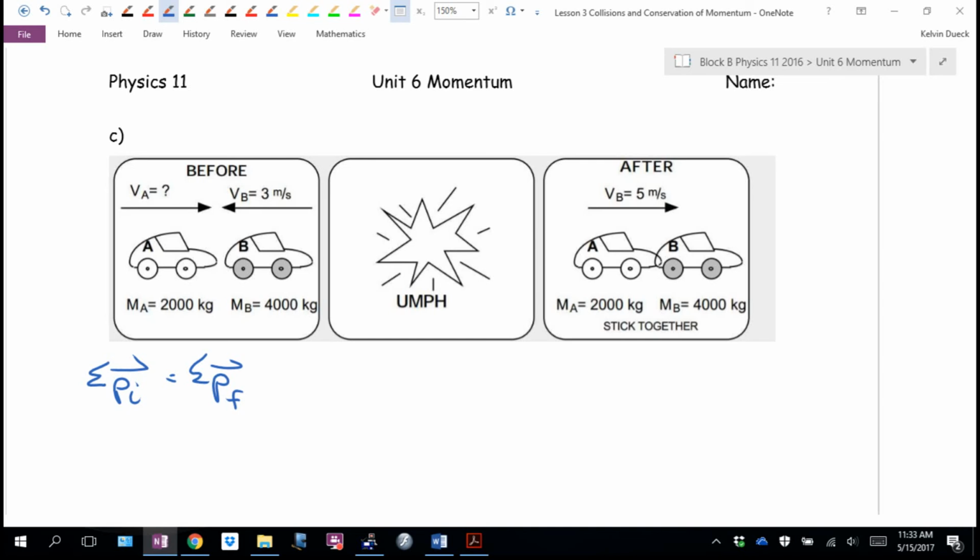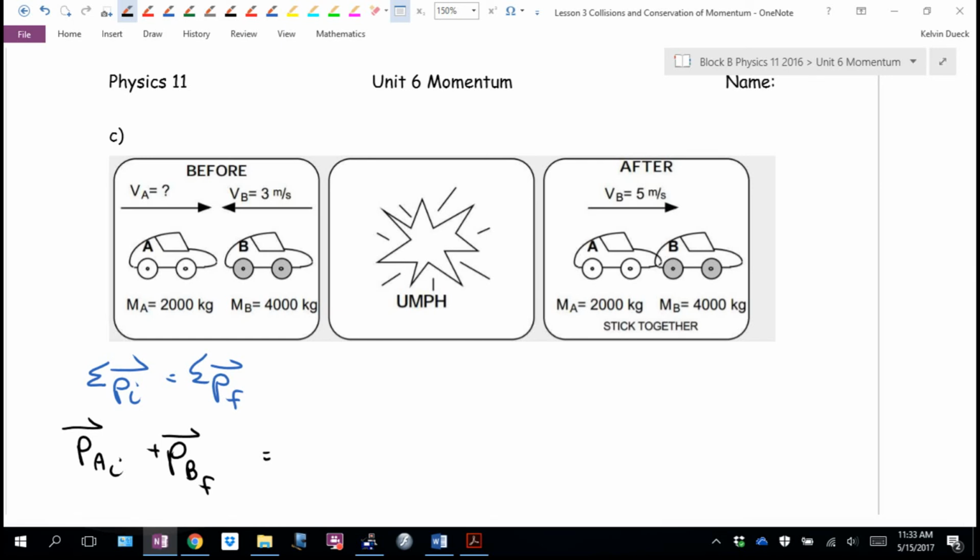Part B, okay. Before the collision, what's moving? Mass A, mass B, or both? Stuck together or separate before the collision? So I'm going to have momentum of car A coming in, initial, and momentum of car B, initial. They collide.